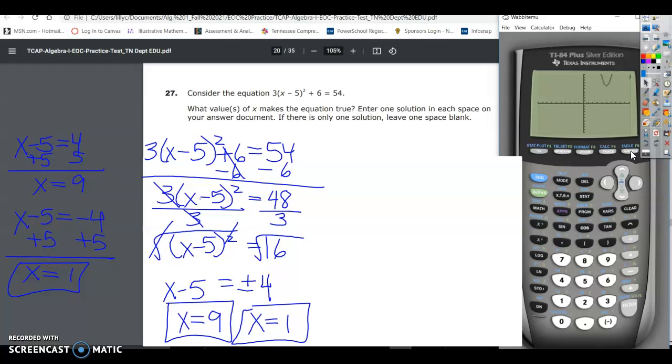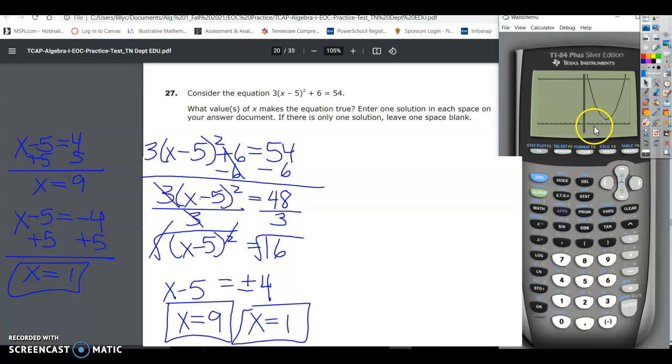Right now I can't see both sides, but I know y equals 54, so I'm going to change the window to make sure my y maximum goes up past 54. I'm going to change this to 60. 60 is greater than 54. Now when I hit graph, my window should show me both graphs.